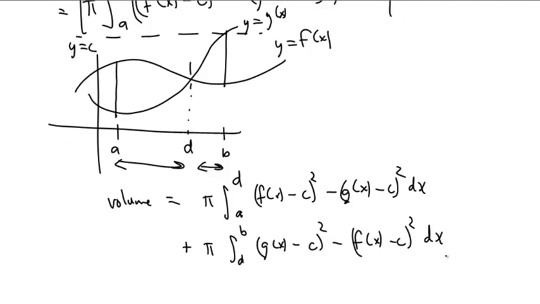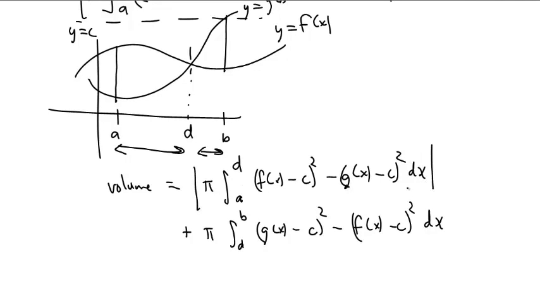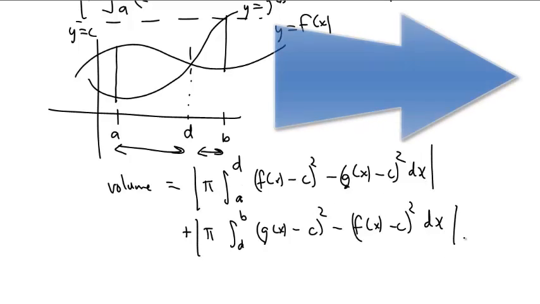And if you weren't sure which was on top, absolute values, but you have to do the absolute values of them separately. You have to take care of the fact that it intersects.